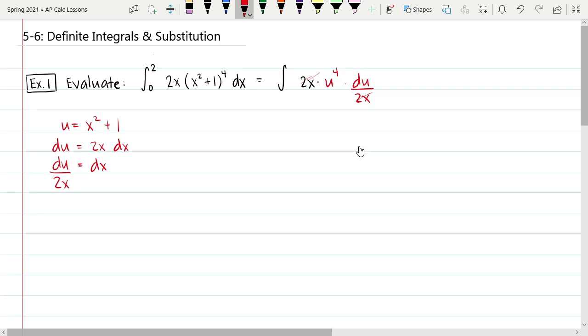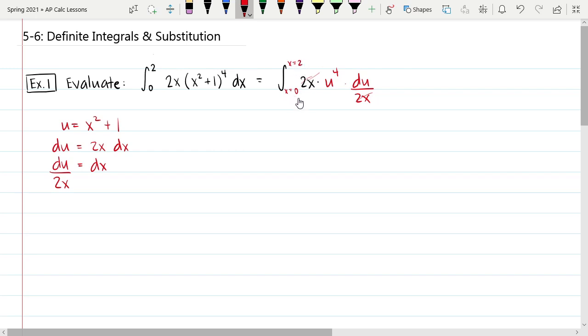But here's the problem. Remember that this du is indicating that this entire integral is in terms of u now. And if I'm going to have limits of integration, this du is indicating that those limits are values of u. But the problem is these are actually values of x. So one thing we can do to indicate that is to write this as x equals 0 and x equals 2.